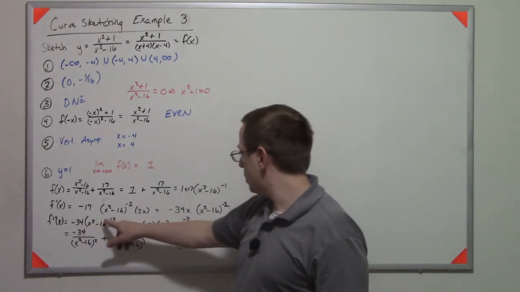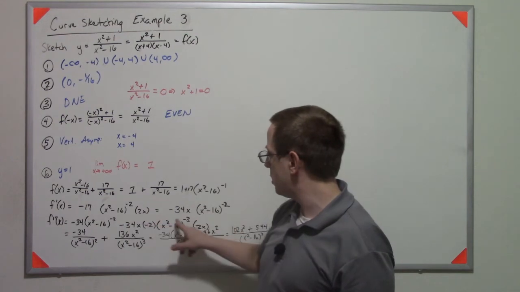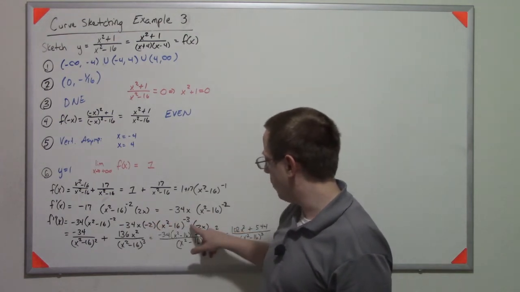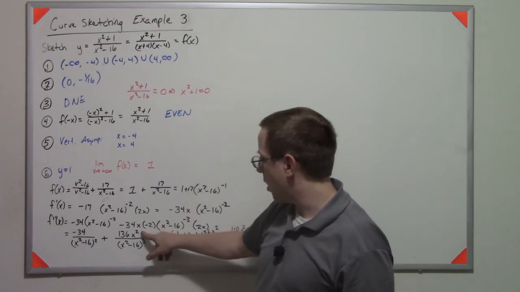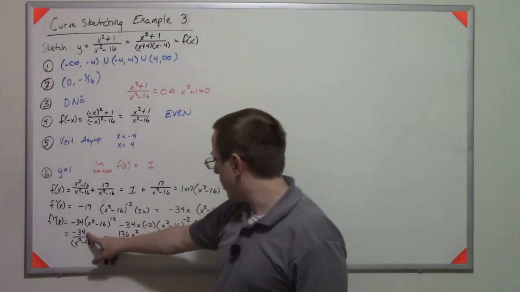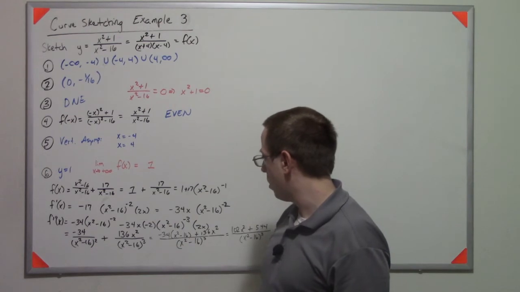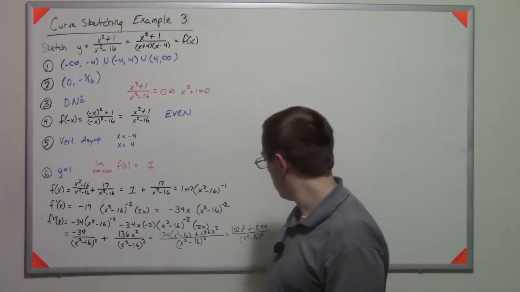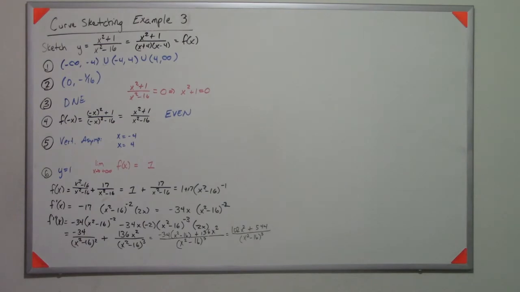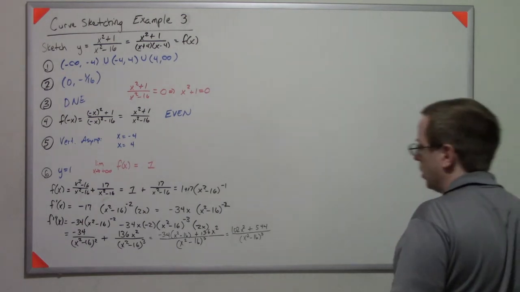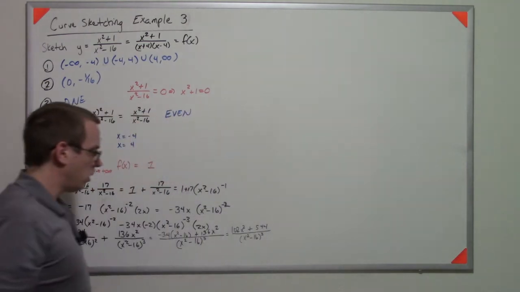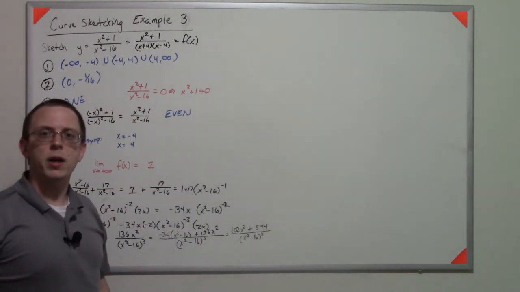You take this, that goes away, you get negative 34x. Bring down the negative 2, have here, so you have positive 136 minus 34 minus 34. Okay, that's right. I'm sorry.